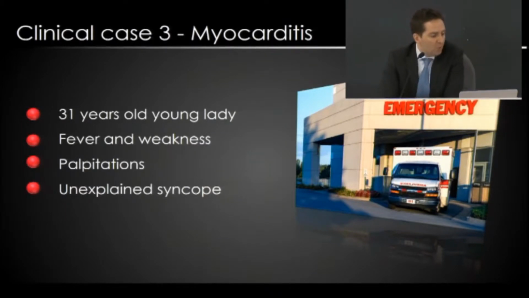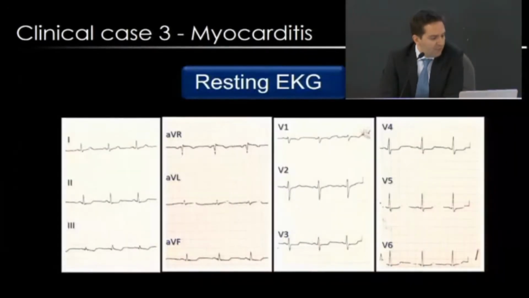This is a 31-year-old young lady that I saw at the emergency department. She had fever and weakness for several days, and she complained about palpitation, and she had 2 or 3 episodes of unexplained syncope. She came to the emergency department at the hospital, and you can see that there are some abnormalities on the ECG, some low voltages in the limb leads.